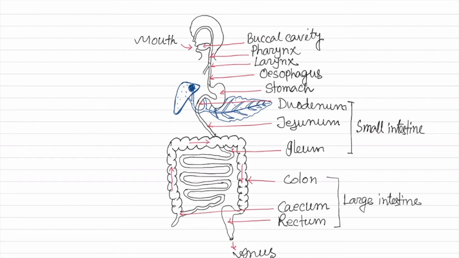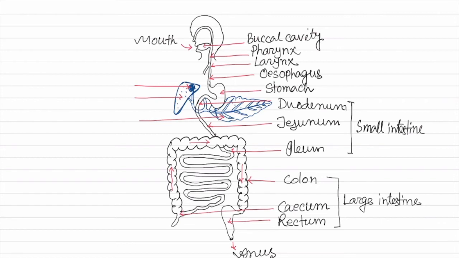Now I am trying to label the digestive glands. Digestive glands are the gallbladder, liver, and pancreas.